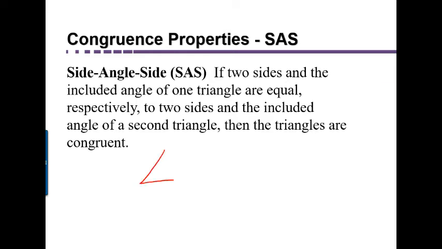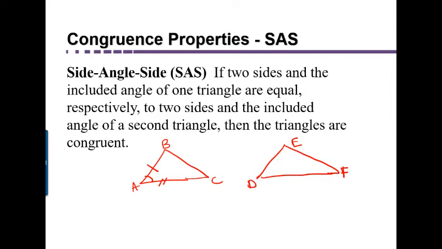So for example, if I draw a triangle ABC and a triangle DEF, and I take two sides like AB and AC and the angle between them, and identify that in the other triangle there are two sides and the angle between them that are equal to the first, then that means that the two triangles are congruent.